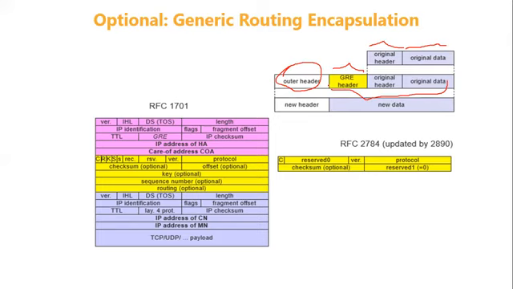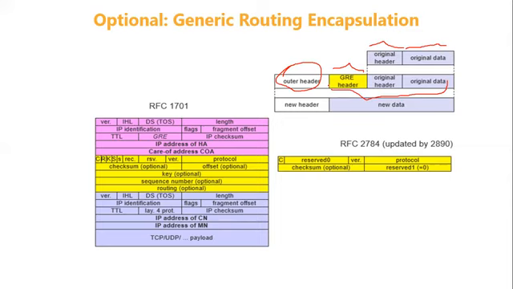Here you can see the diagram which shows the generic routing encapsulation. This communication is between the home agent and the COA using GRE, generic routing encapsulation, as the encapsulation scheme. The outer header is a standard IP header with the home agent as the source address and the COA, care of address, as the destination address.